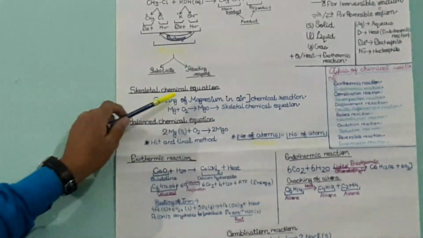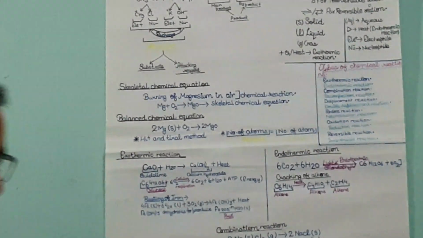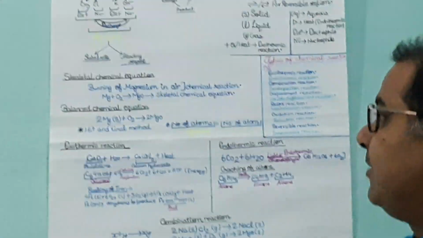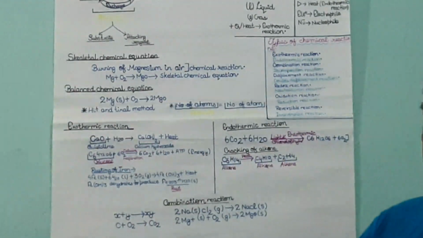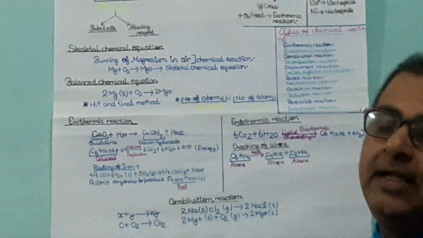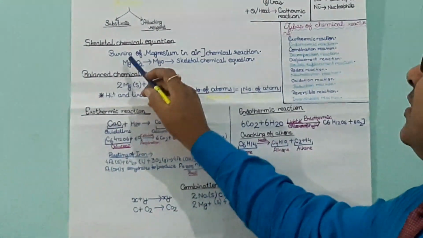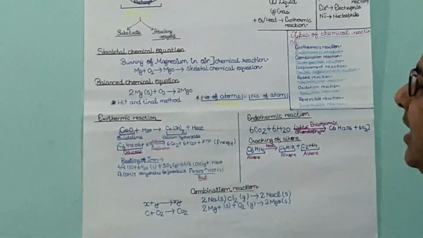The next topic is the skeletal chemical equation. What is skeletal? Skeletal means the symbolic representation of a chemical equation, but not in balanced form. For example, burning of magnesium in air.